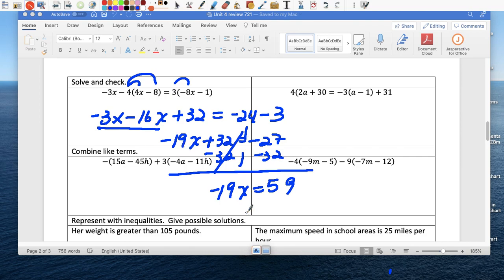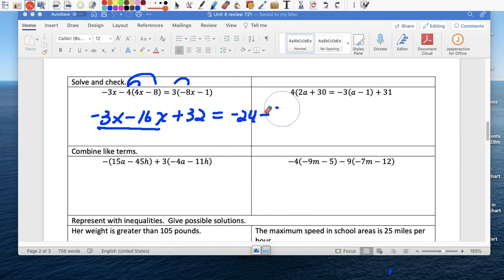Oh, and here is the mistake. Good thing I noticed. I forgot the variable. So here we get negative 24x minus 3. Apologies. So we have negative 19x, so that was correct, plus 32 equals negative 24x minus 3.